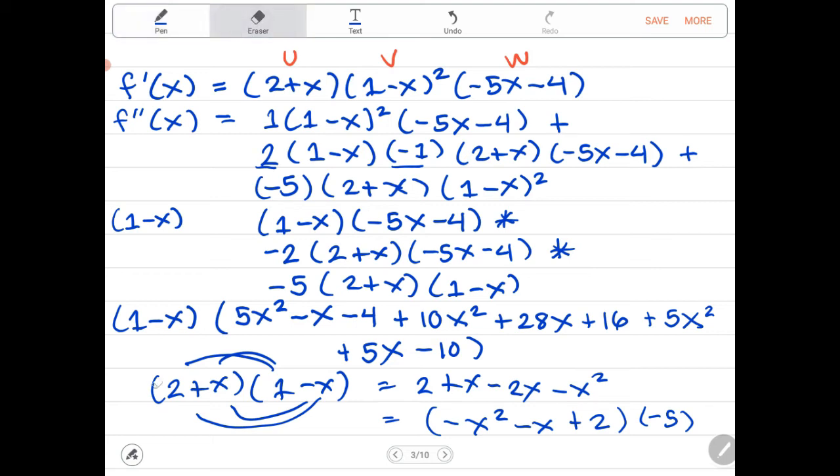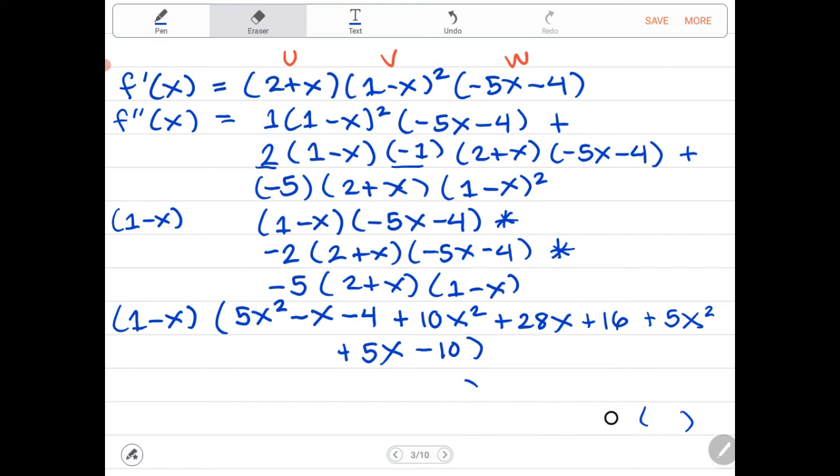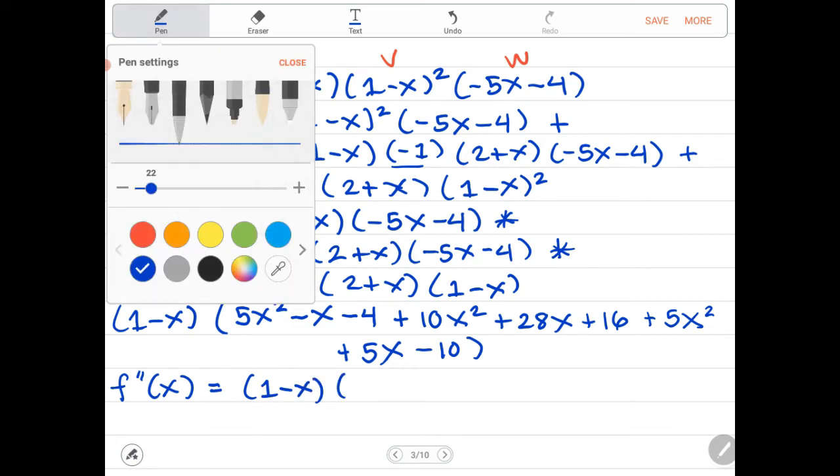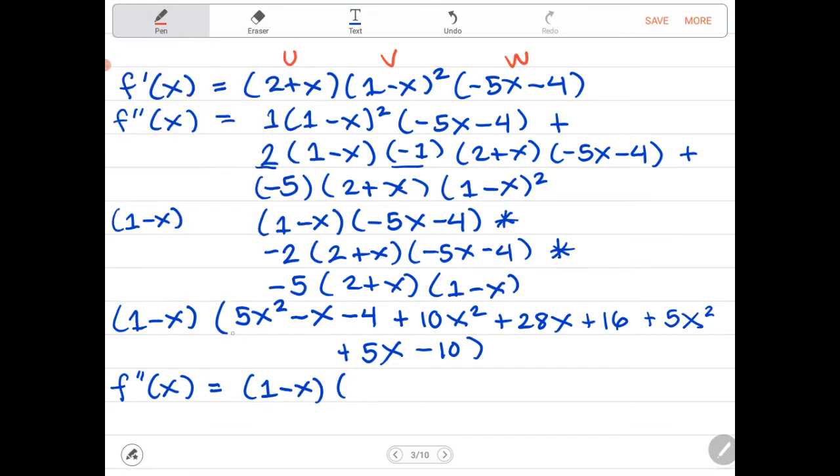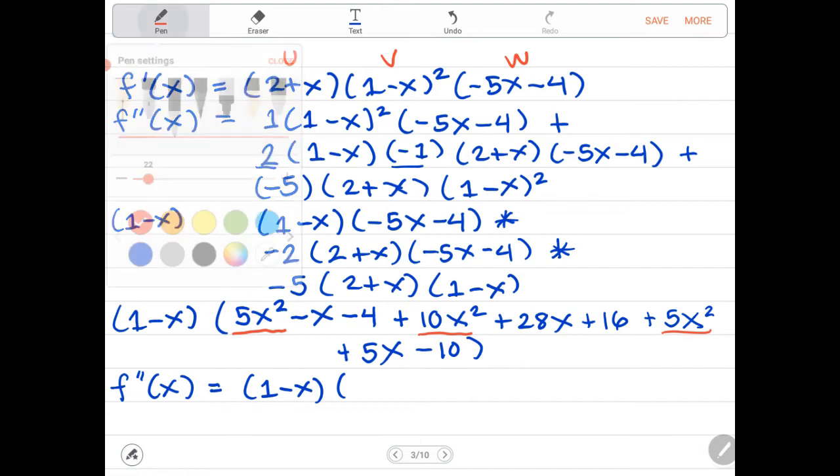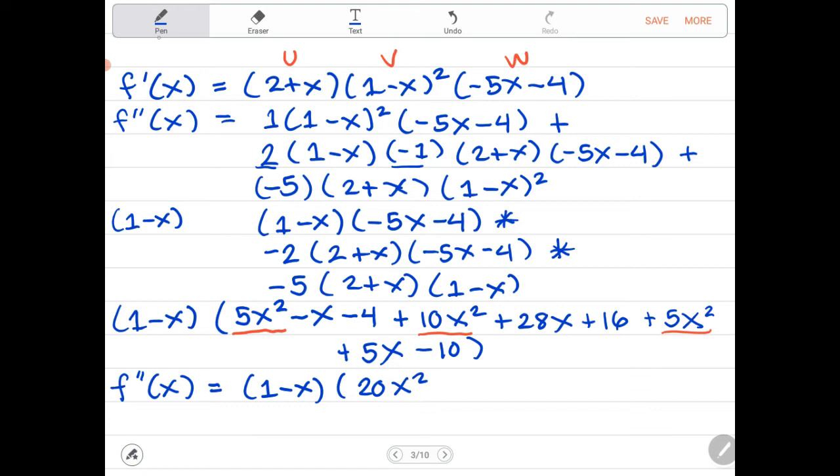Okay? So, yan. Now, we can get the second derivative by simplifying the equation inside the parenthesis. Second derivative. Copy the common factor, which is 1 minus x. Then, let us simplify. Those with x squared: that is 20x squared.